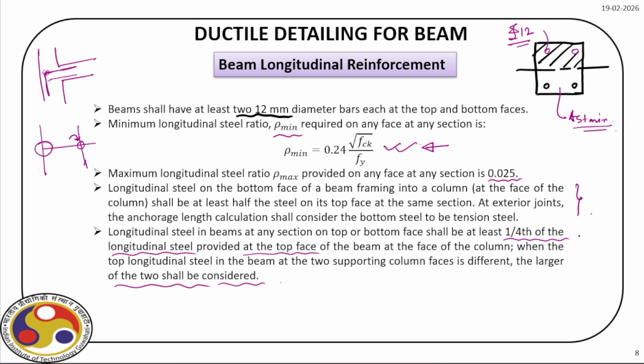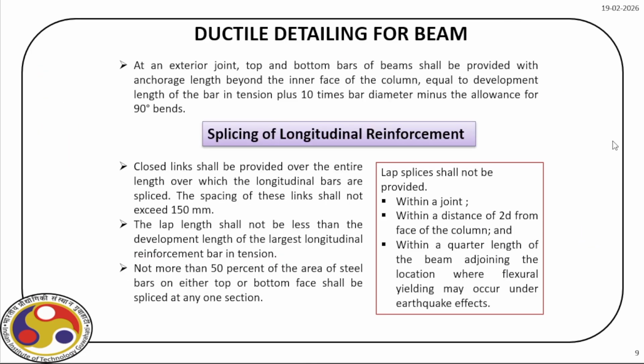So this is again important. When you have a frame structure, then for the top face of the beam, we have to see how much steel is required, and then depending upon the location, we have to follow this guideline to ensure that we have a significant amount of steel reinforcement for efficient transfer, particularly during large deformation.